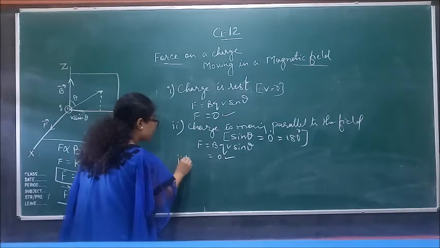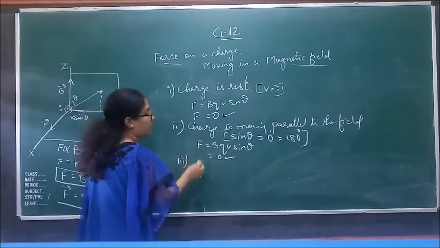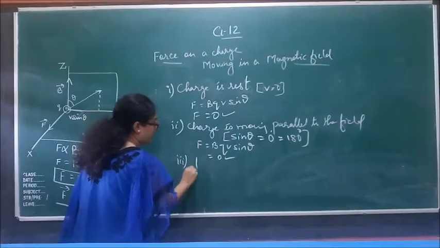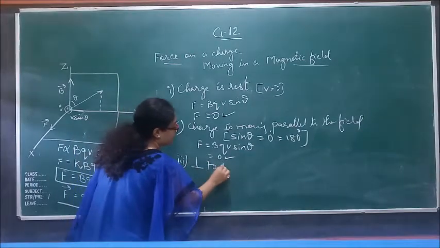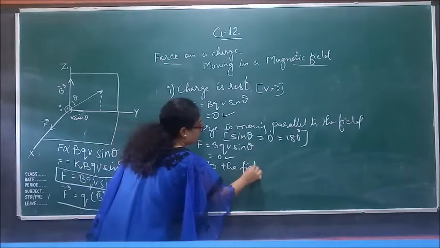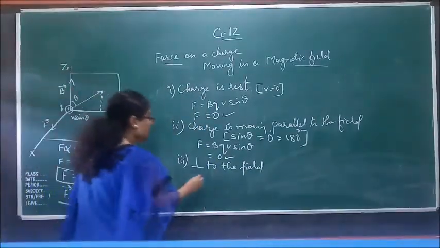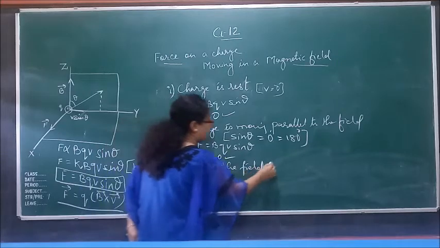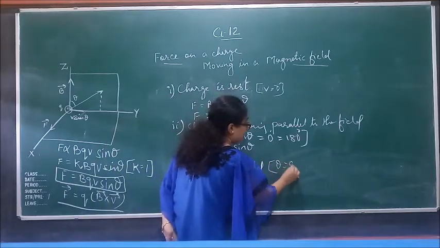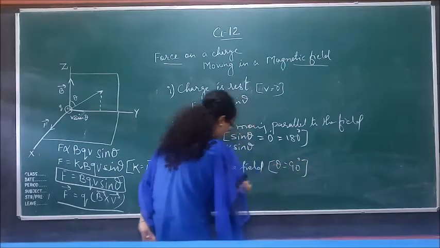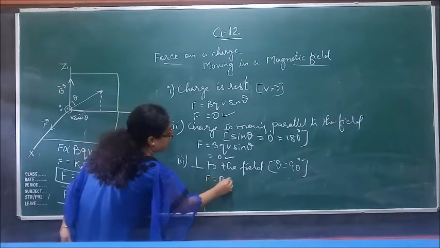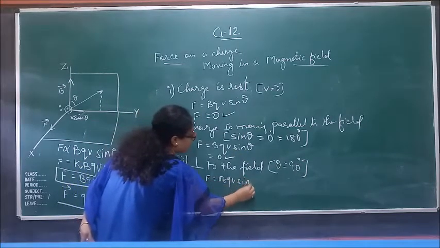Third case, perpendicular. Directly I am going to write it. When the charge is moving perpendicular to the field, theta will be 90 degrees. F is equal to BQV sin theta.